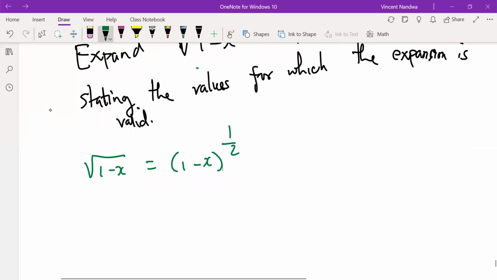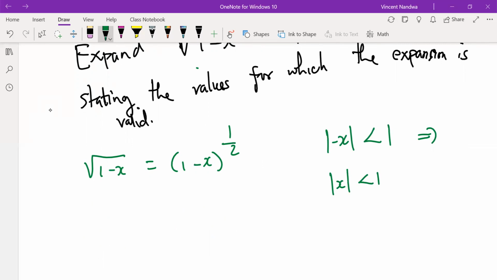Then we expect the expansion to be valid when absolute value of minus x is less than 1. We get the same thing as saying absolute value of x is less than 1. So this is the condition for validity of expansion.